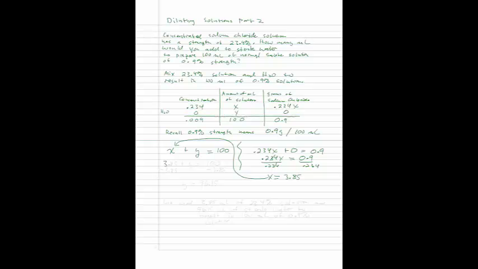And then we're going to substitute that into the other equation. So we have 3.85 plus y equals 100. Subtracting 3.85 from both sides, we get y equals 96.15.